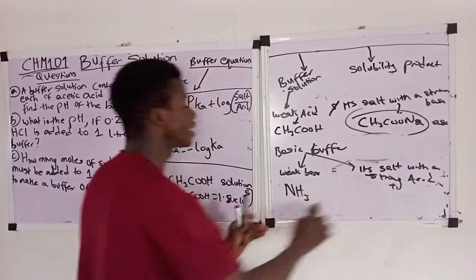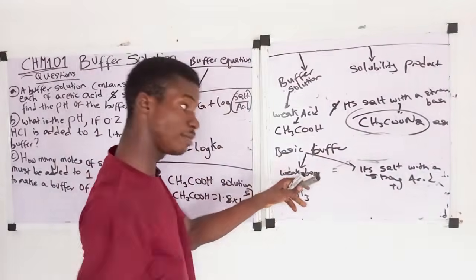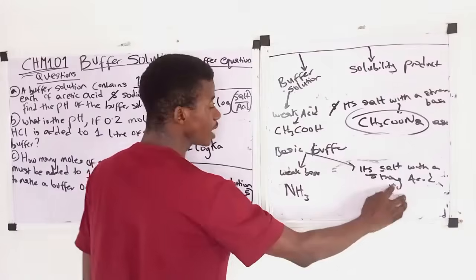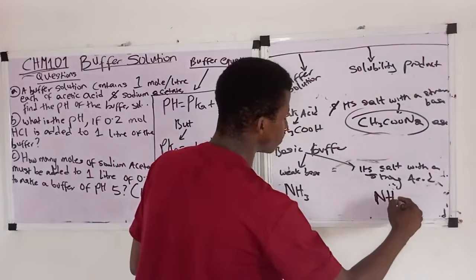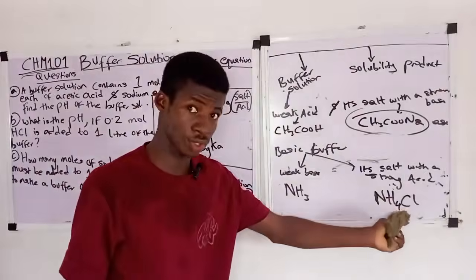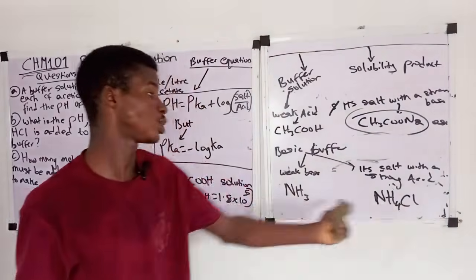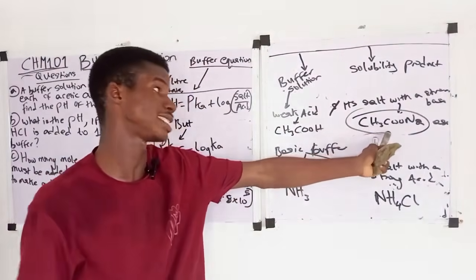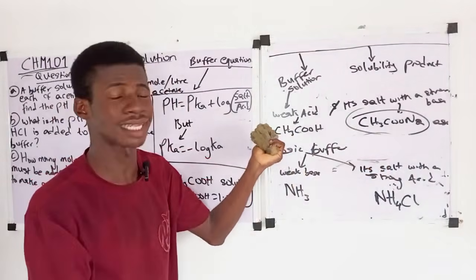Okay, now let's continue. A basic buffer solution contains a weak base and its salt with a strong acid. Now let's use ammonium chloride, which is a salt of ammonia, right? Yes. Sodium acetate is a salt of acetic acid.